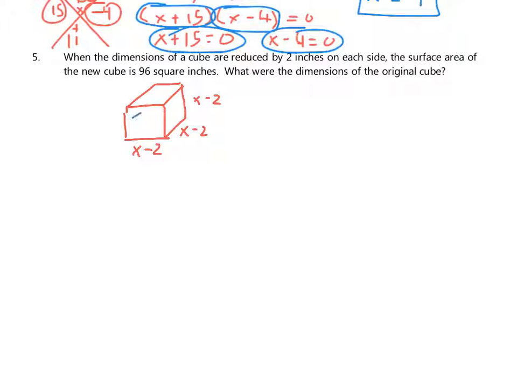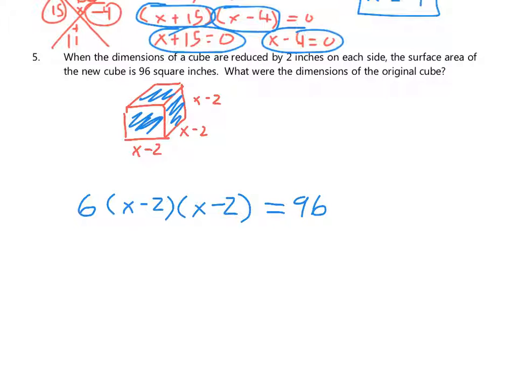So it would be the area of this side plus the area of this side plus the area of this side plus the other 3 areas that you can't see. So the surface area of this, well, one side would have an area of x minus 2 squared, and there are 6 identical faces, so all of this would equal 96.